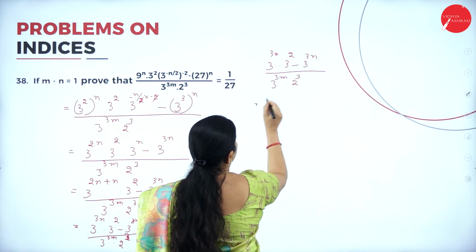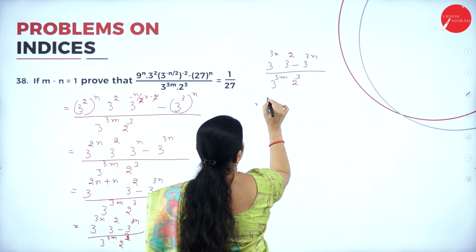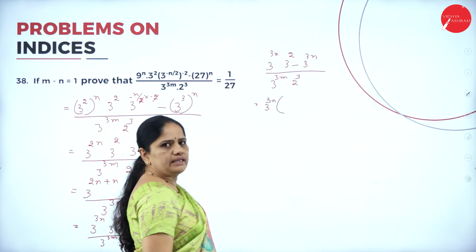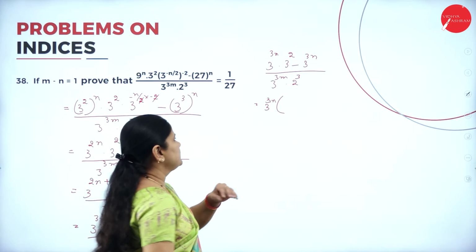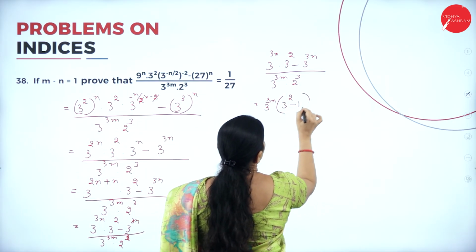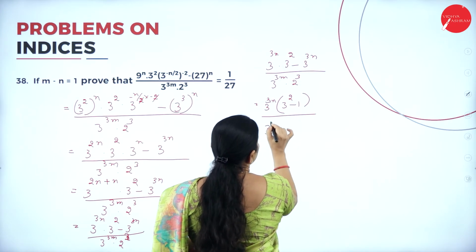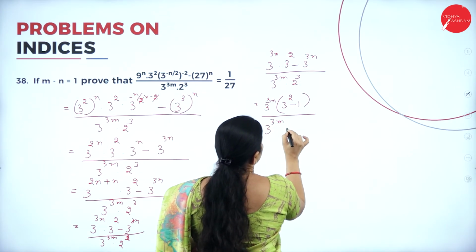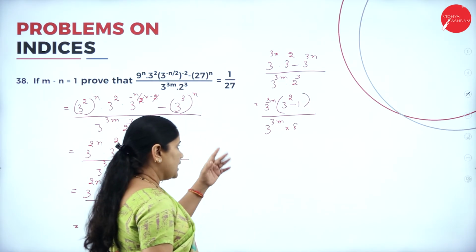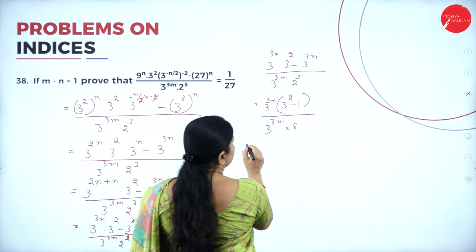So what I will do is 3 to the power of 3n is common. So I will take it outside the bracket here. So 3 to the power of 3n into 3 square minus 1, divided by 3 to the power of 3m into 8. So 2 cube is 8. Now I will simplify this further.